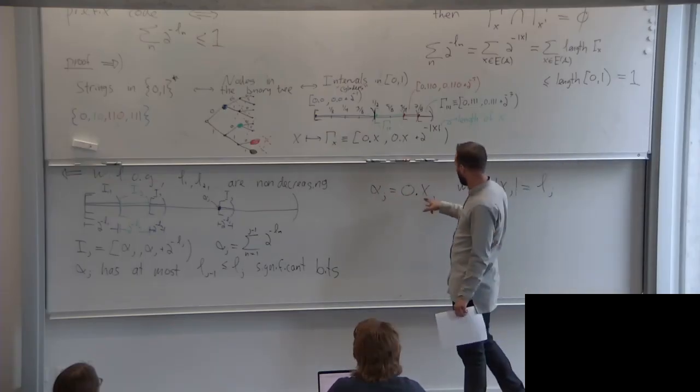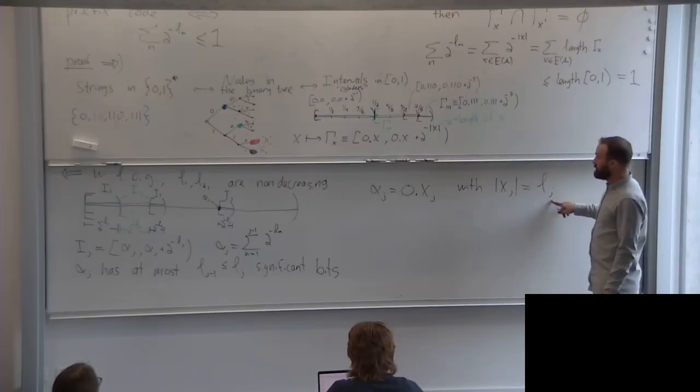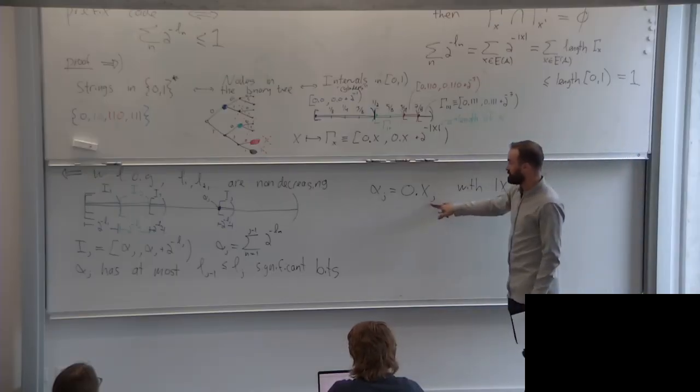I can write alpha j like this, with an xj which contains at most Lj bits, I'm fine. But as a code word, I'm going to use xj.